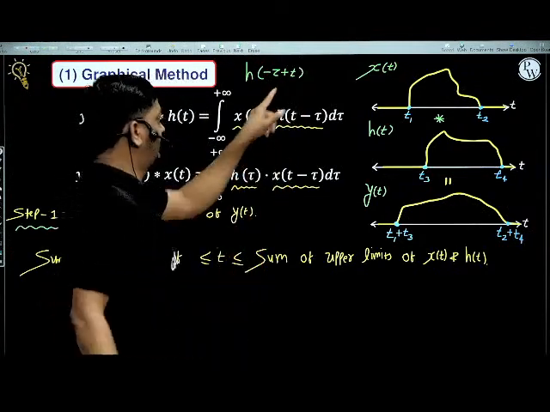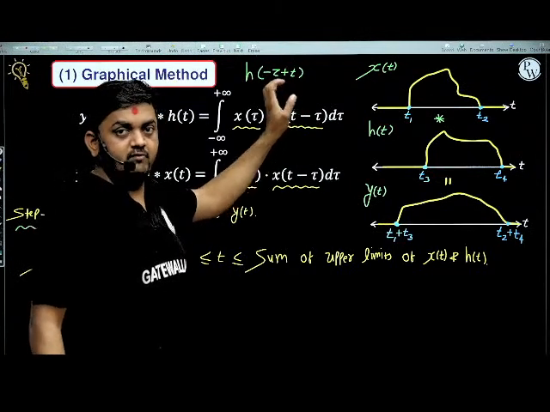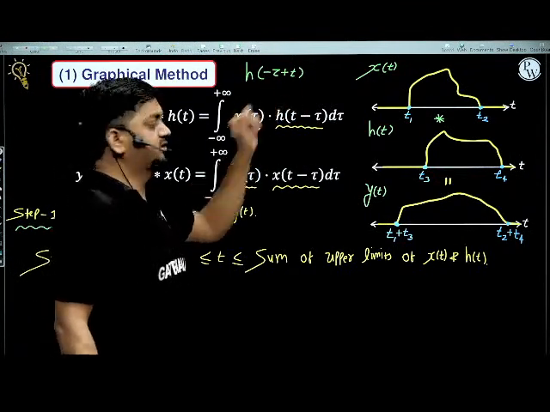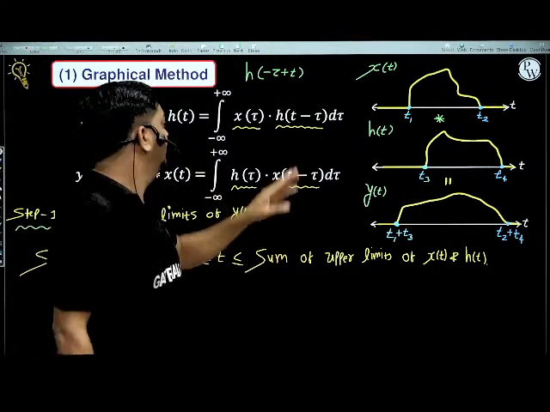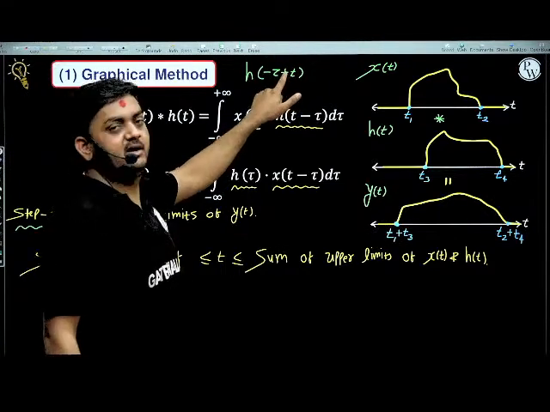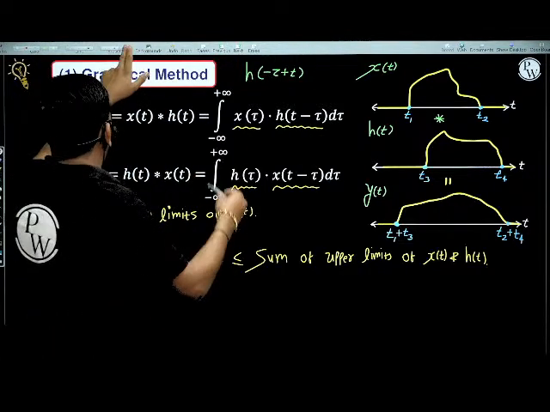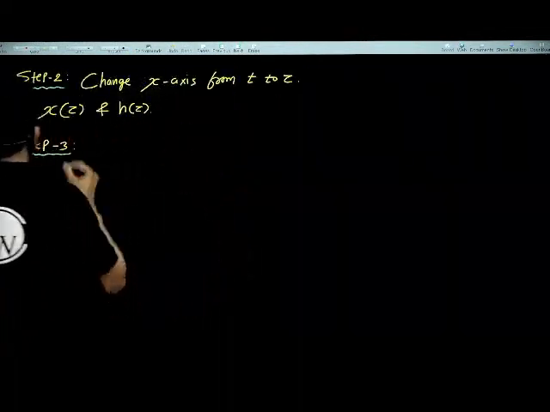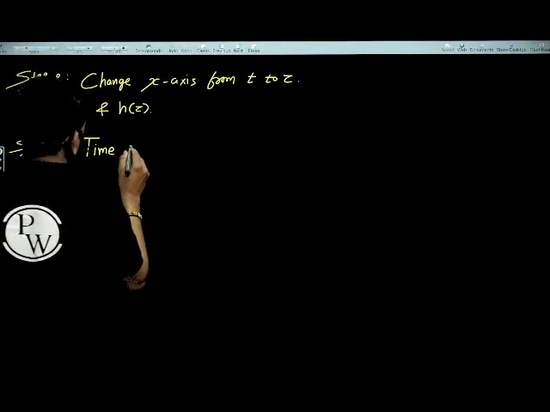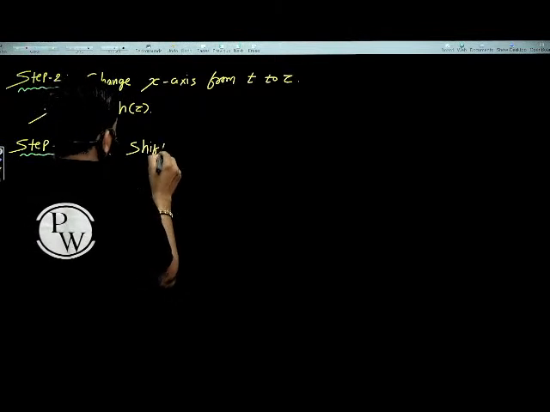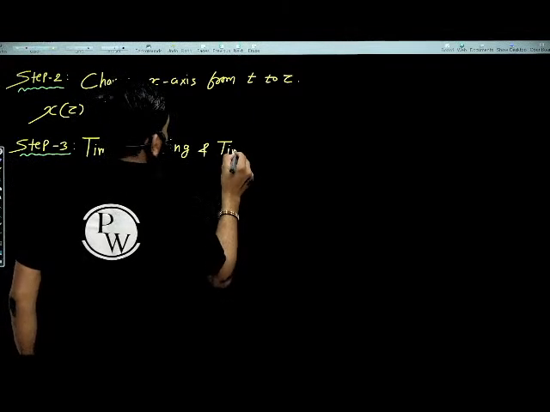First left shift by t, you have h of tau, and from h of tau we have to find h of minus tau plus t, and the variable is tau now. So first left shift by t and then folding with respect to the y axis, tau becomes minus tau. So here time shifting and time reversal: left shift by t, time shifting and time reversal.